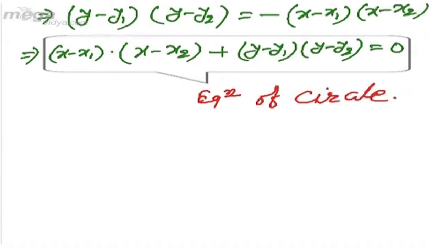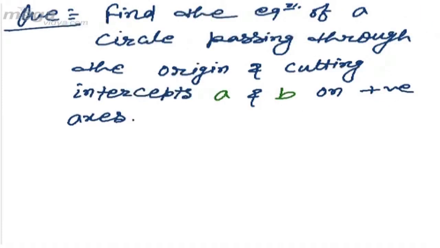I am taking a question based on this. Find the equation of a circle passing through the origin and cutting intercepts A and B on the positive axes. I am drawing the figure first.